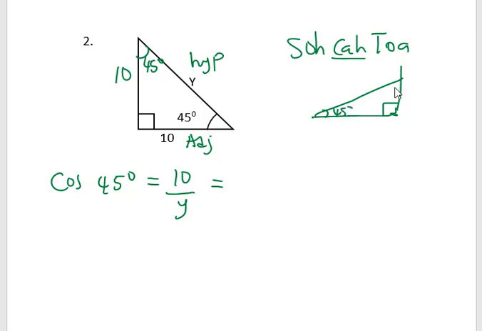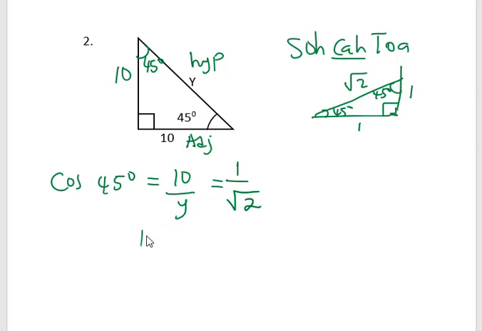This is 45 degrees and this is also 45 degrees. This is root 2, this is 1, and this is 1. So if I use cos here, cos is adjacent over hypotenuse, 1 over root 2.